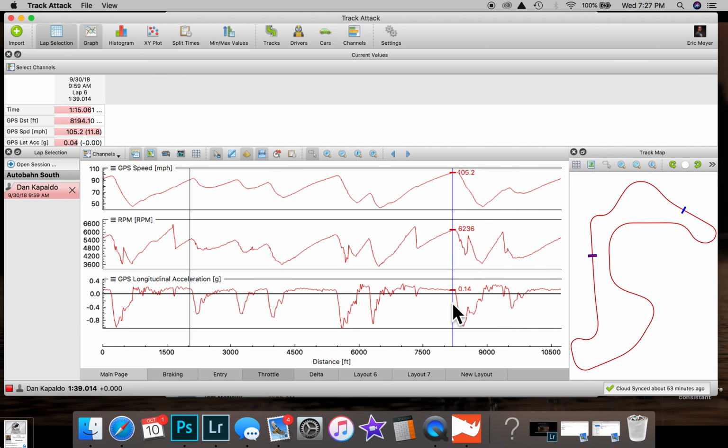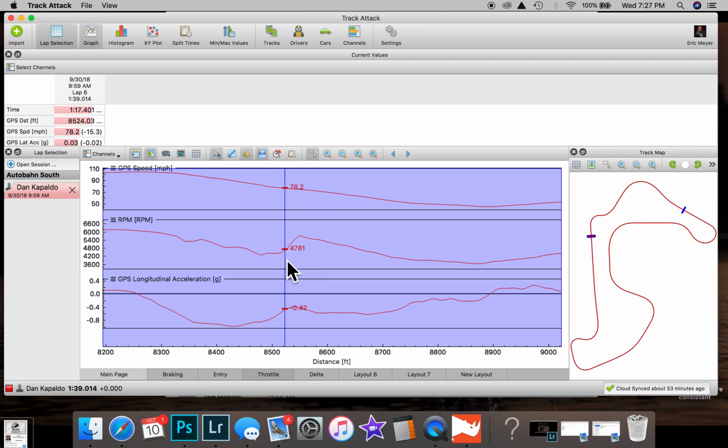So I'm going to do this, and we're going to measure from here to here. When it came off the brake, it's here to here. And we're going to look up here at the distance, and we're going to say that from right about here at 8,514 feet to 8,578 feet.